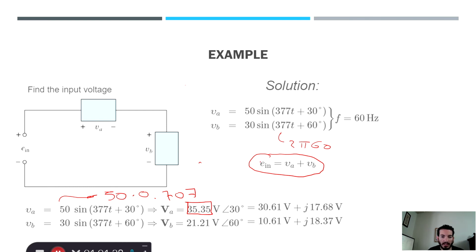The voltage for signal B is 30 times 0.707, which is 21.21, and has an offset of 60 degrees.